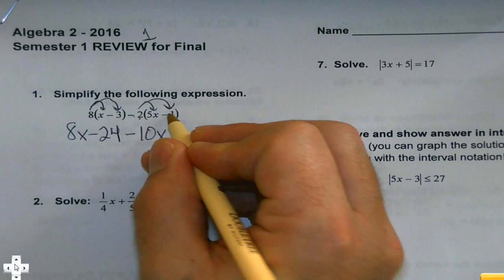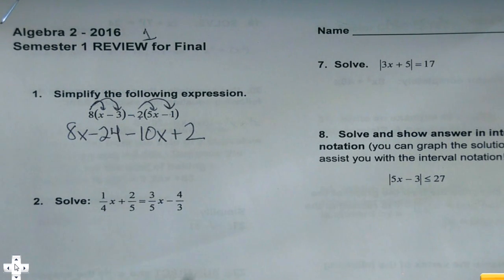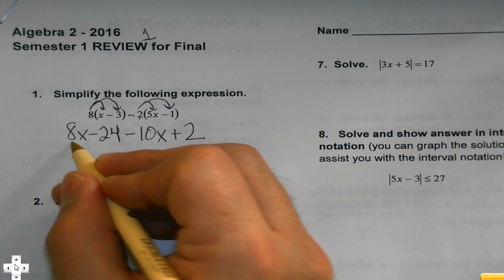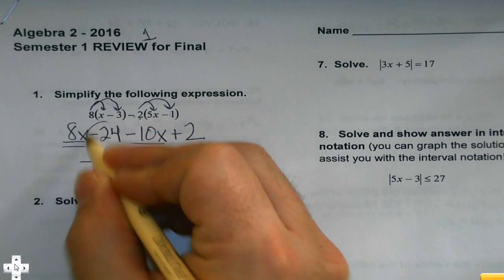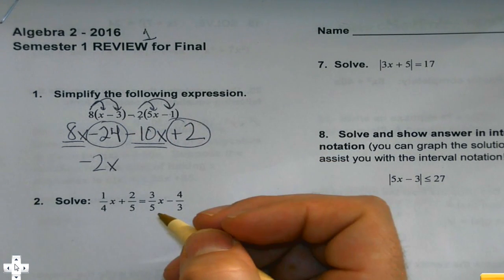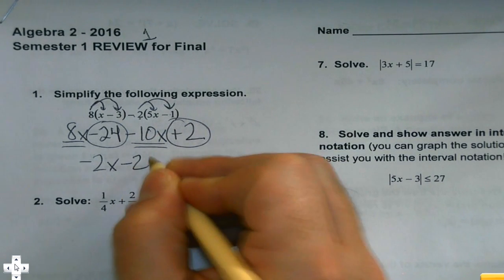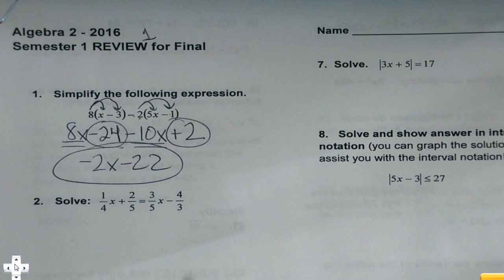And negative times negative is positive. It's those little things that make or break you on things like this. Combine the like terms. Again, if you need to go to the calculator to double check, there's nothing wrong with that. We're ready and raring to go.